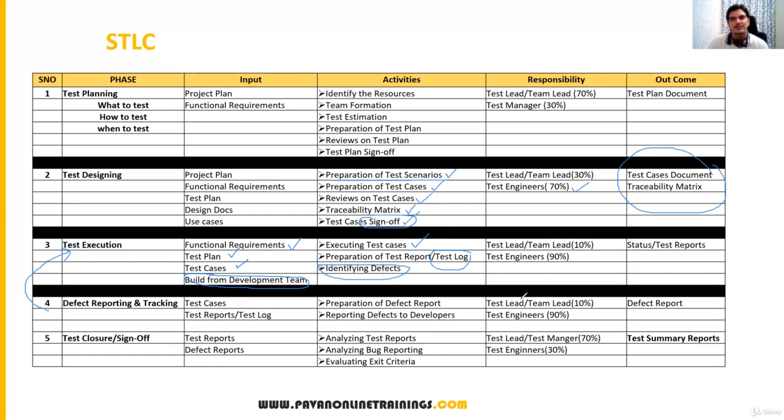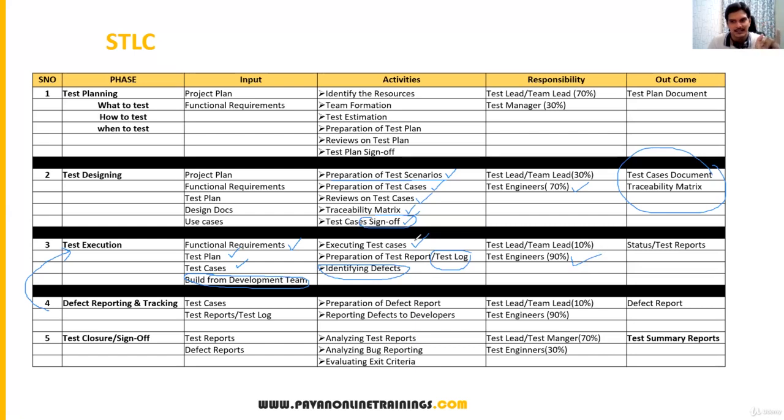And as for responsibilities, the test lead or test team lead is 10%, because he just monitors the activities, whether all test engineers are working fine or not, whether everyone is properly executing the test cases or not, or whether they are facing any issues, environmental issues or resource issues, which they will take care of. So the team lead and test lead role will be 10%, and the 90% role is for test engineers.